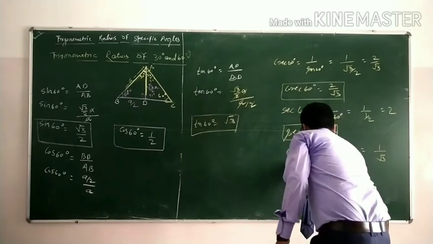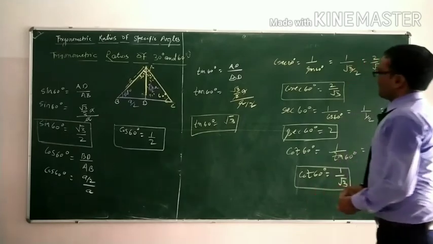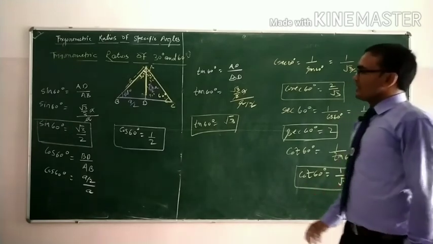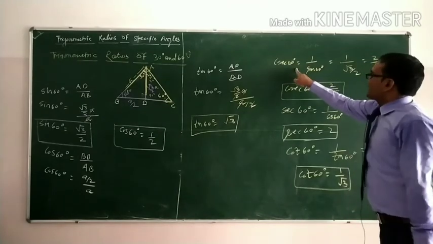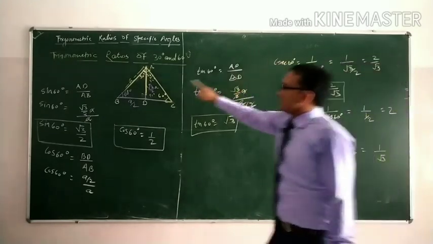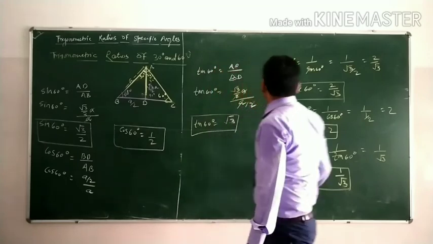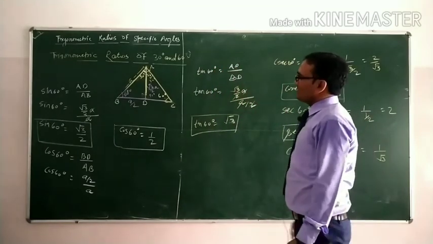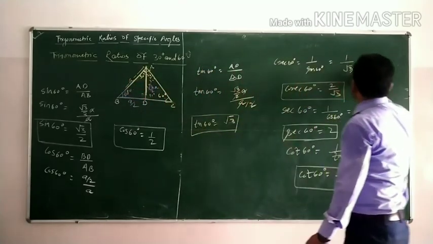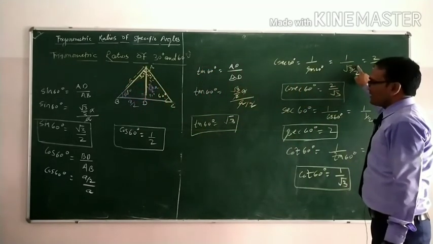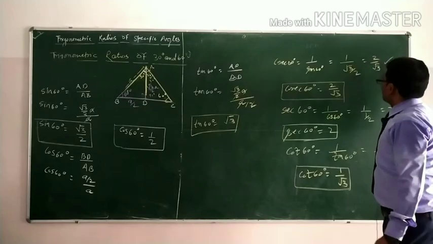Okay students. We can also find it using triangle ABD. Cosec 60 is hypotenuse upon perpendicular side, A upon square root 3 by 2A. This gives the value also.